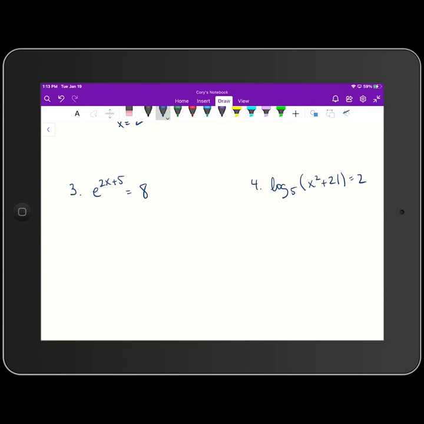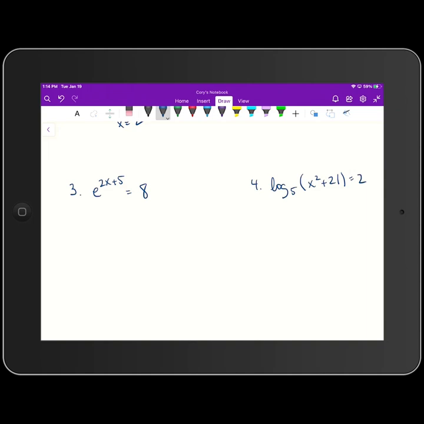Okay, let's take a look at number 3. For number 3, we have e raised to the 2x plus 5 power is equal to 8. So we have an exponential equation here. Now, if we solve an exponential equation, our goal is to get both sides written as an exponent that shares the same base.